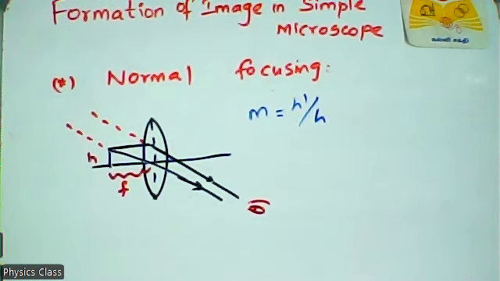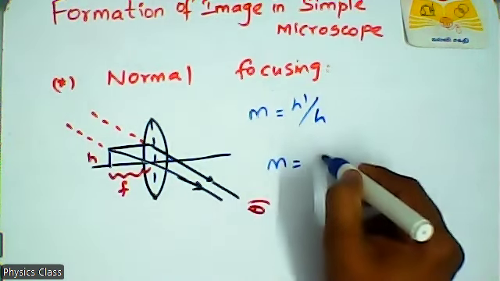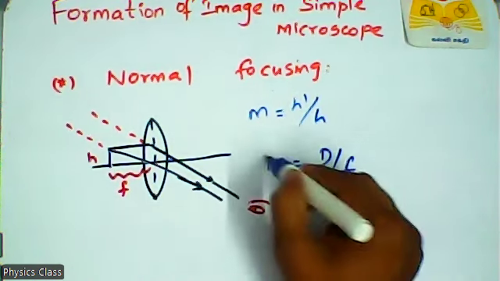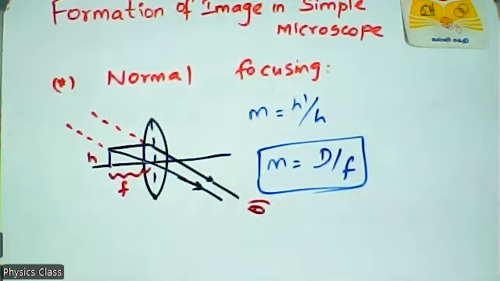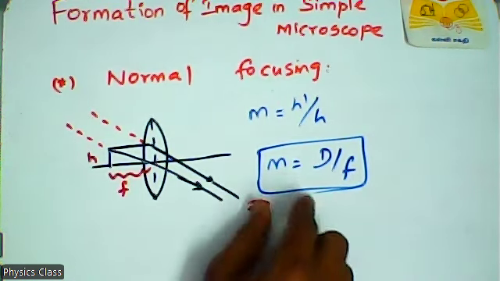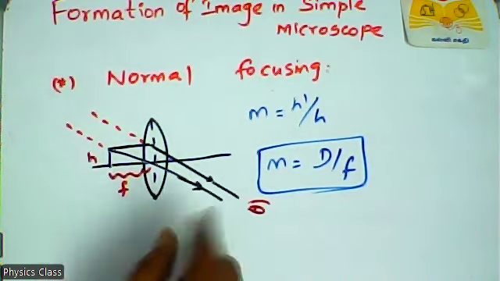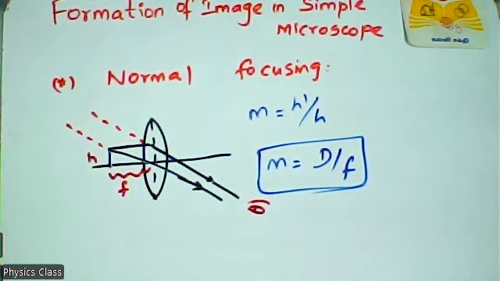In this case, the magnification is only d by f. No 1 is there. M is equal to only d by f. This is the magnification for normal focusing. The magnification for normal focusing is one less than that for near point focusing.